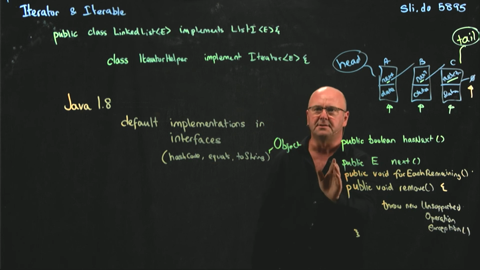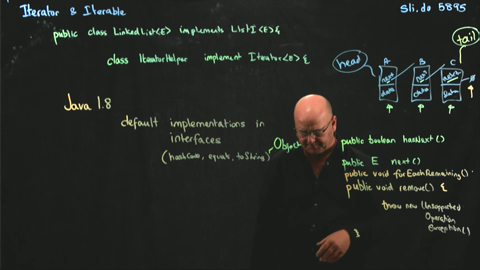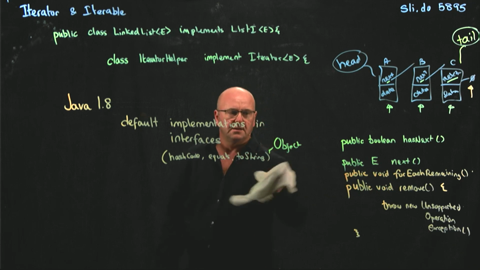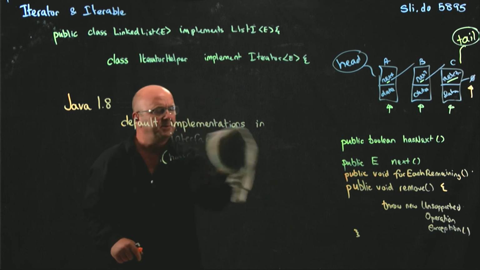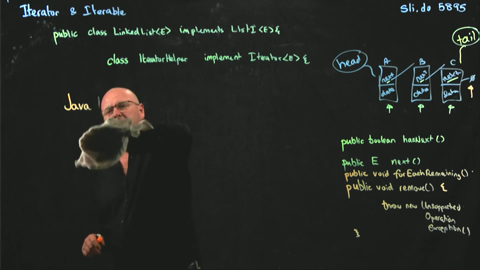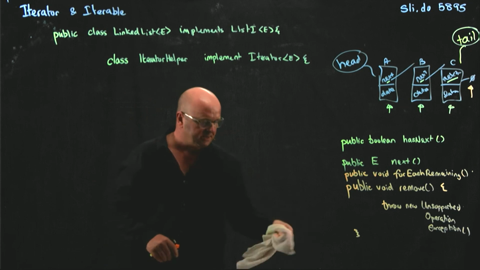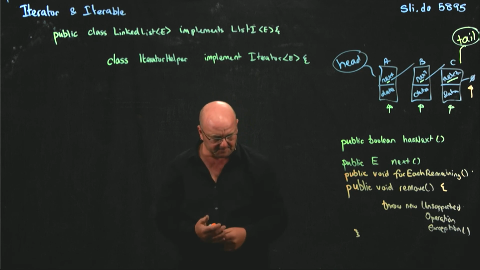And if you're not using Java 1.8, you don't have that. And if you are using Java 1.8, it has a default method. Okay. So in our iterator helper, in case it says you've got unimplemented methods, it means you're not using Java 1.8, you're using an earlier version of Java.